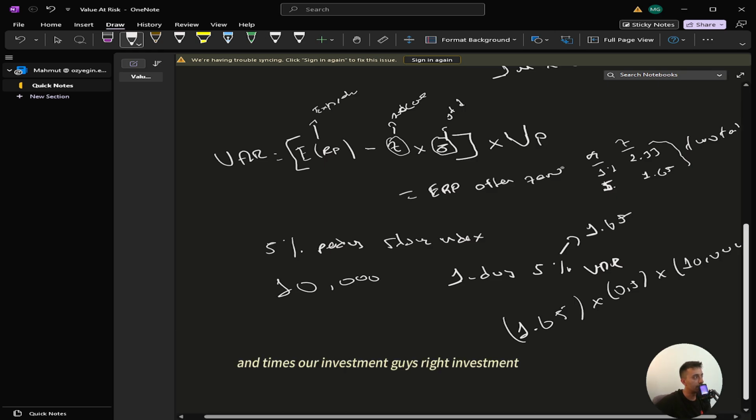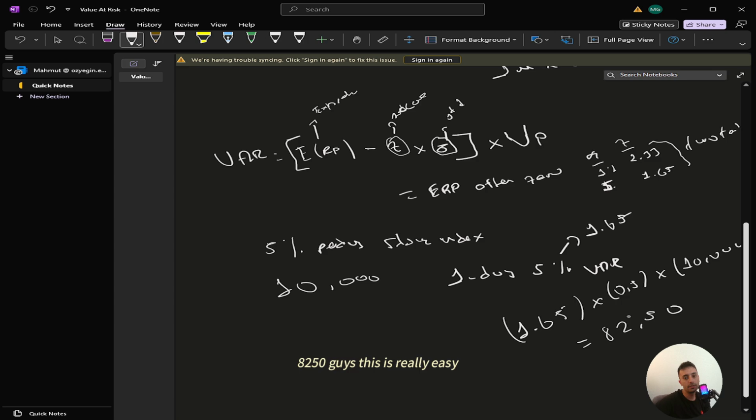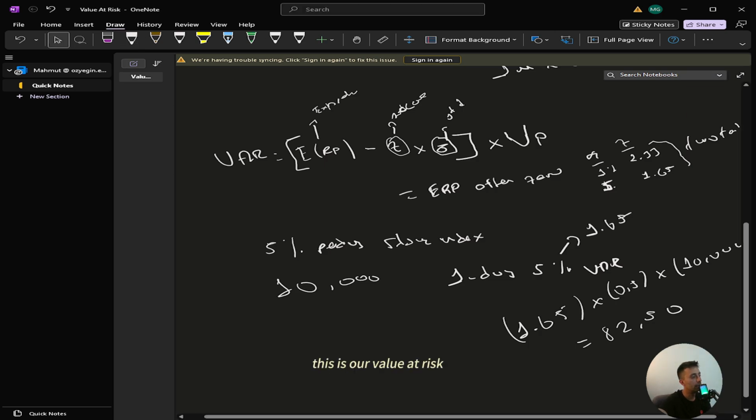Investment is our portfolio, and 5% is our standard deviation. So our value at risk is 82.50, guys. This is really easy peasy, guys. Don't worry. This is our value at risk with delta normal value at risk.